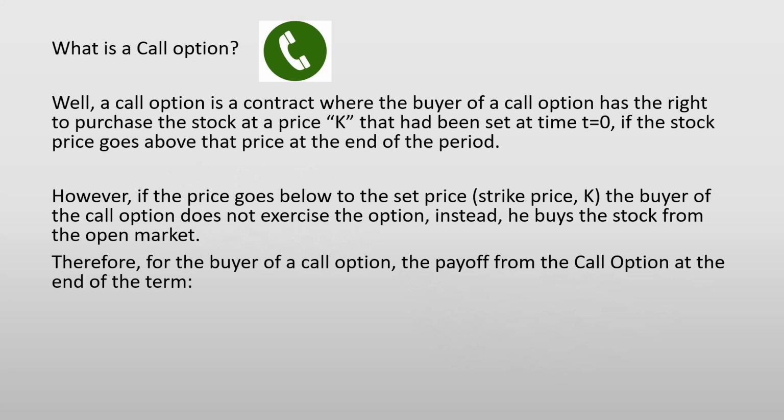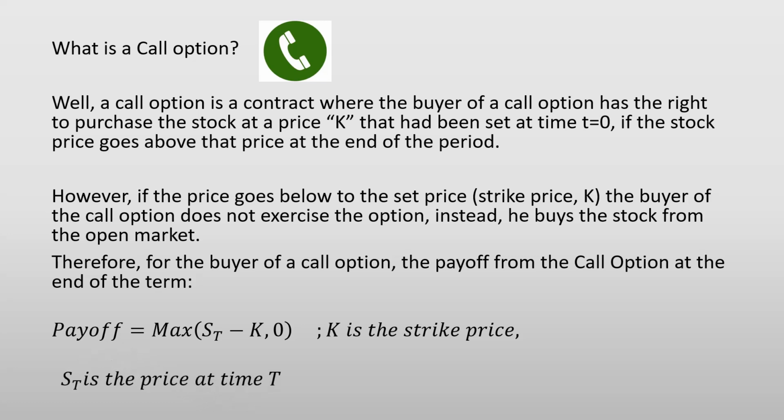Therefore, for the buyer of a call option, the payoff at the end of the term is defined as the maximum of S_T minus K, or 0, where K is the strike price defined at the beginning of the term, and S_T is the price at time T, also known as the spot price.